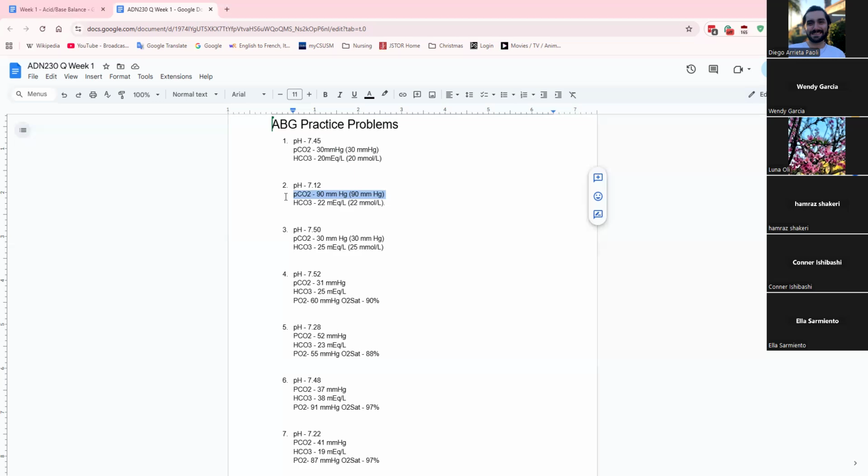It's normal, correct. So in this case, we have an acidic pH, and we have a CO2 that is acidic, so we can match them. So we have a respiratory acidosis. Our pH, we can see, is an abnormal value, and our bicarb is a normal value.